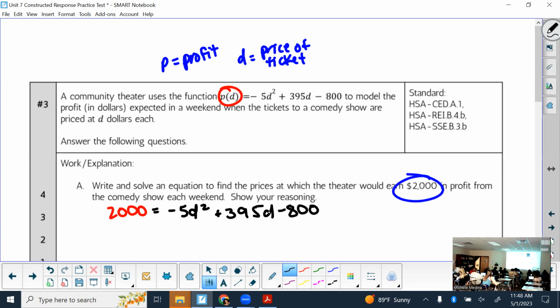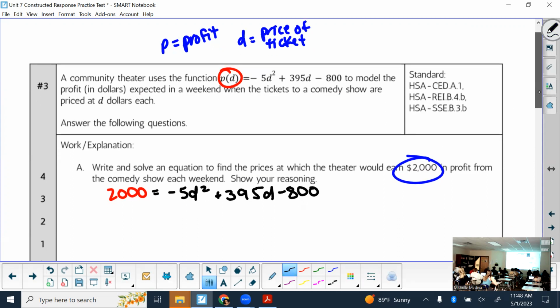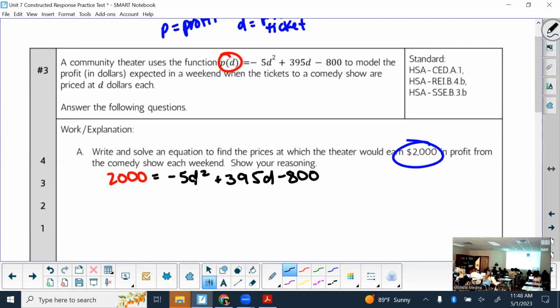Does that make sense? The setup? Okay, so that's how we know to plug it in there, not for dollars, because not each ticket is costing $2,000, right? That's not how it's going. So we set it equal that way.